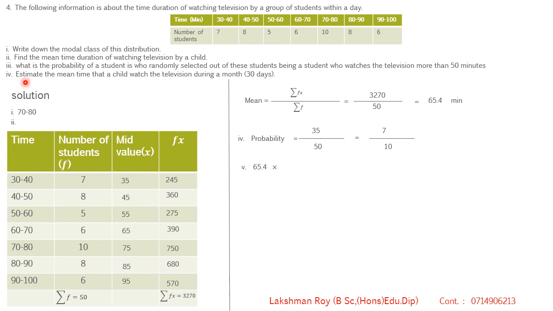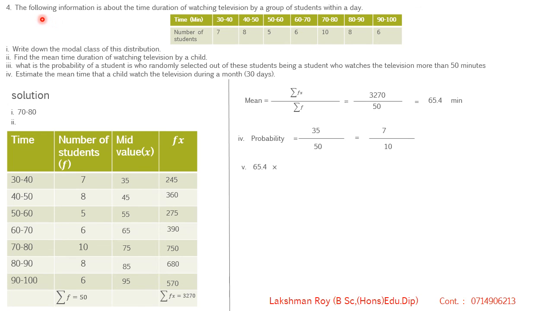For Roman number 4, it says estimate the mean time that a child watched television during a month. Now you can see in Roman number 2, find the mean time duration of watching television by a child.